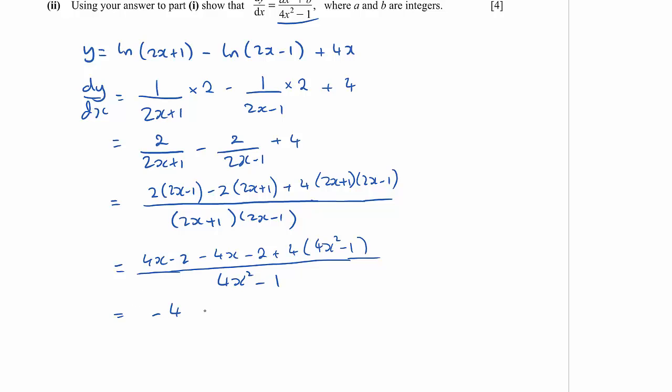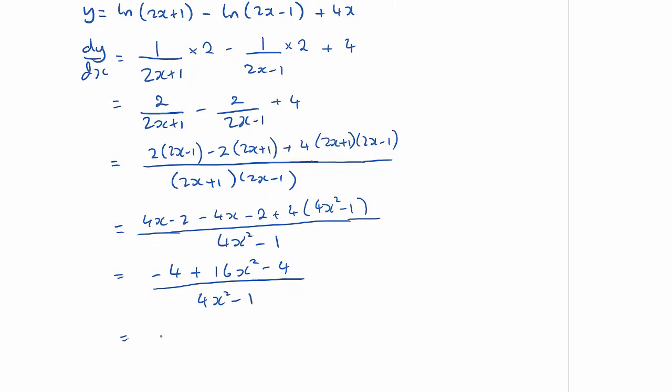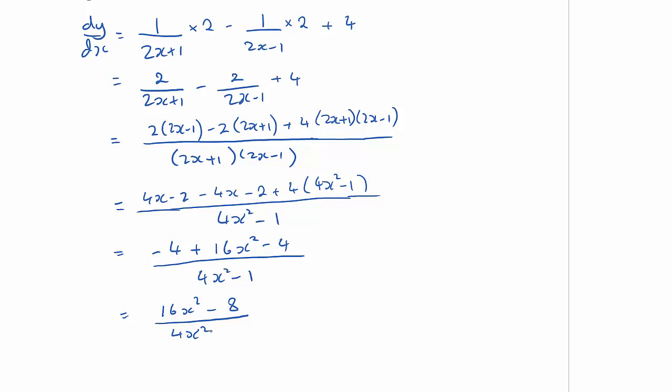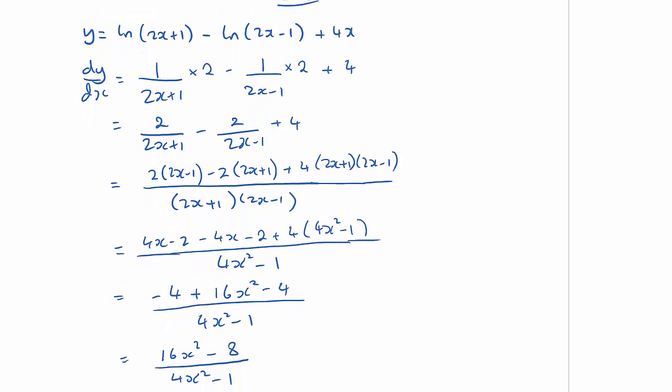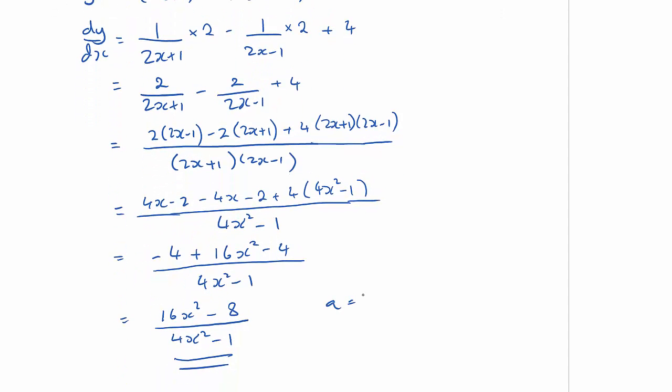I've got negative 4 plus 16x squared take away 4, all over 4x squared take 1, which is 16x squared minus 8 over 4x squared minus 1, which is of the right form, with a being equal to 16 and b being equal to negative 8.